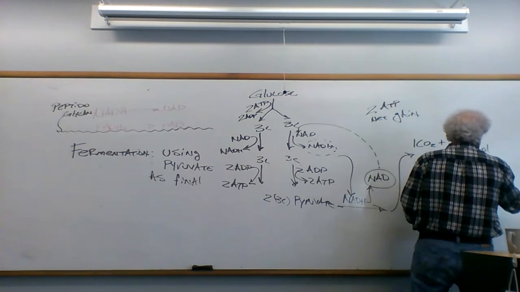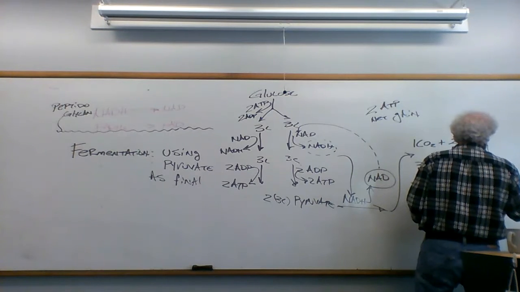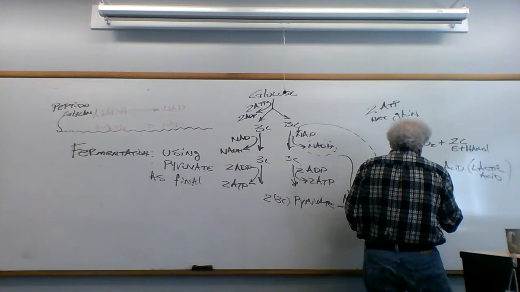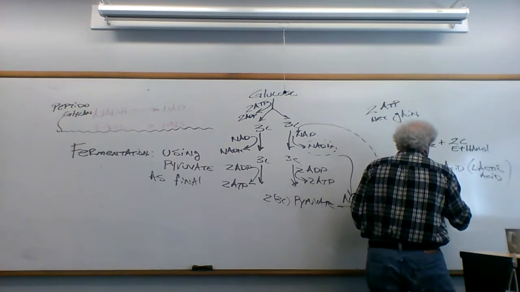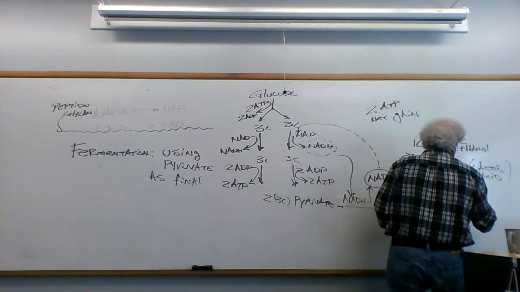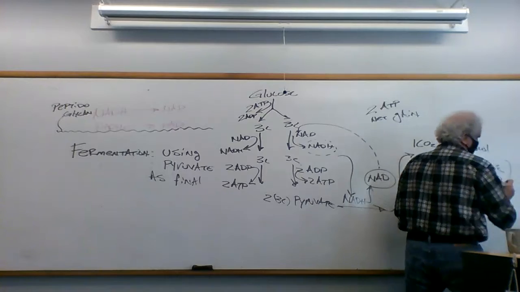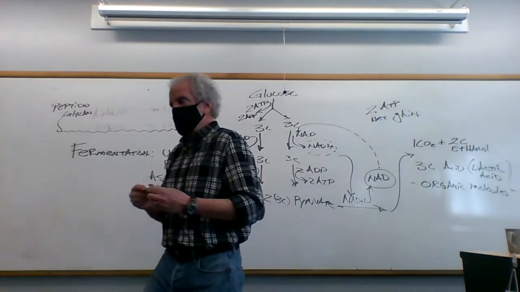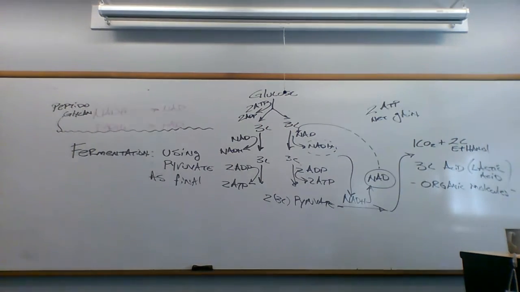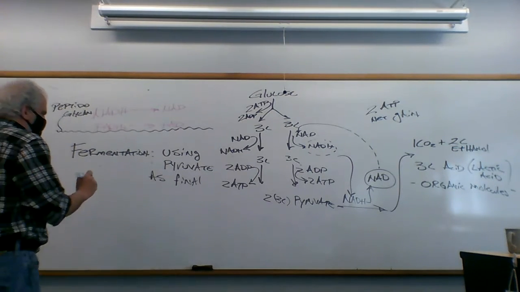The classic is, of course, lactic acid. You can make all kinds of oddball organic molecules, depending on what sort of organism you are. And what you have done is, in fact, establish the basis for a whole gigantic range of technologies known as fermentation. So this is fermentation, where we're going to use pyruvate as the final electron acceptor.